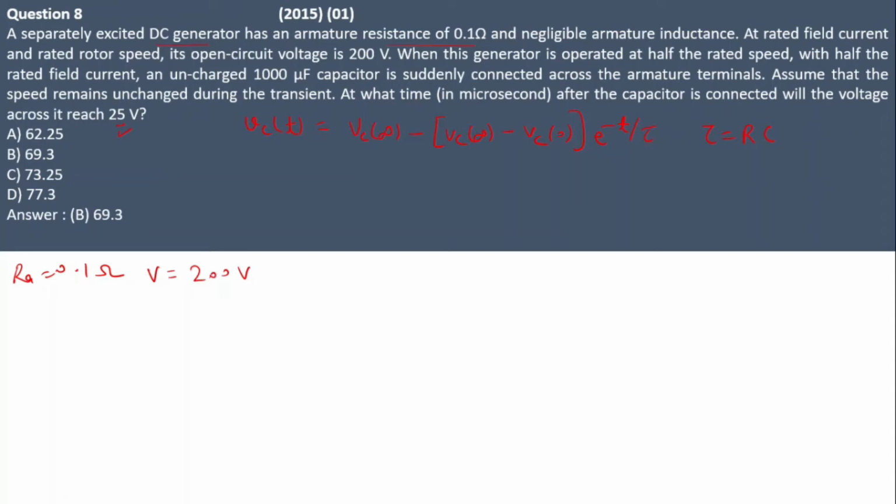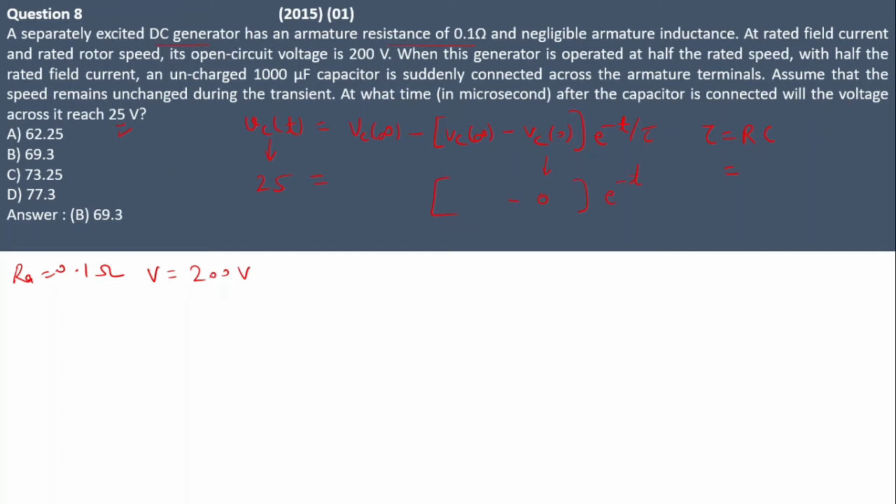So VC(t) at time t is given to you, it is 25. You have to find out this steady state voltage VC infinity, and VC(0) is 0. And tau equal to RC.